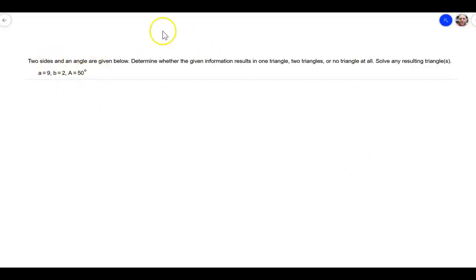This is finding the other angles and the sides of a triangle. In this one, they are giving us here, looks like two of the sides and one of the angles. So let's first of all just draw an ambiguous triangle here. I'm just going to start off by making a triangle.